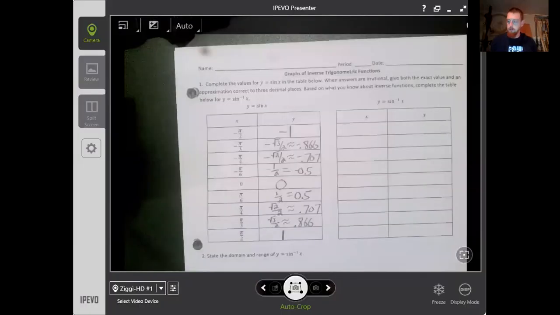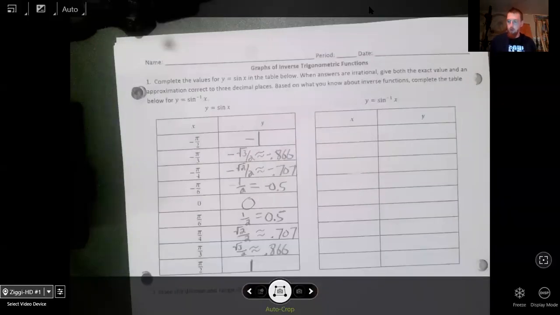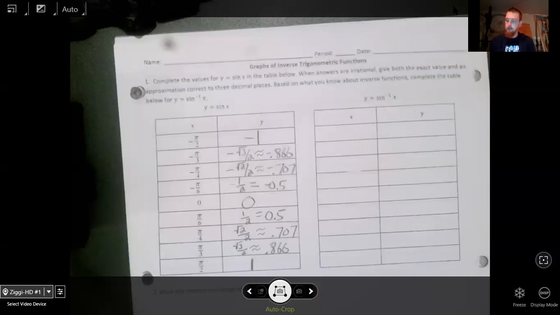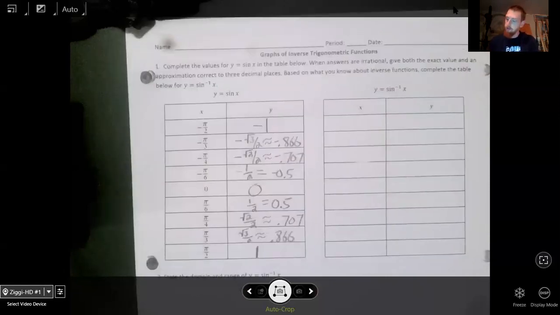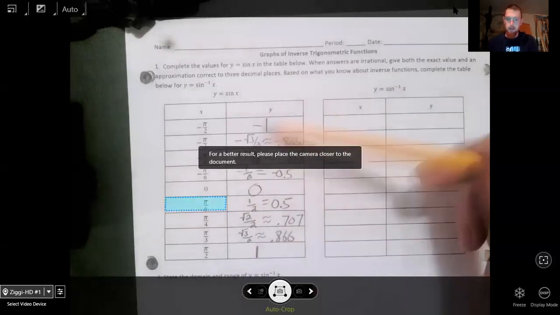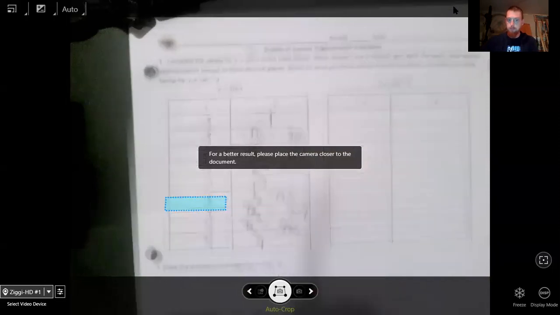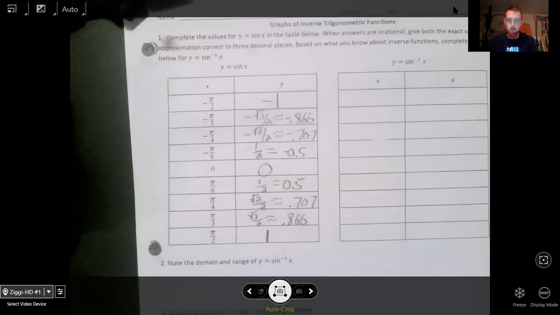That looks like this. So our first inverse function that we're going to work through is going to be the inverse function for sine. So I've already filled in here the x and y values for the sine of x parent function. This is all straight from the unit circle.